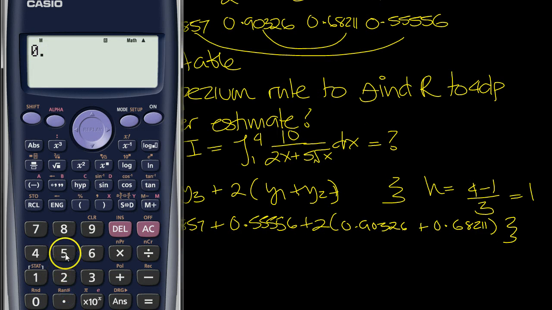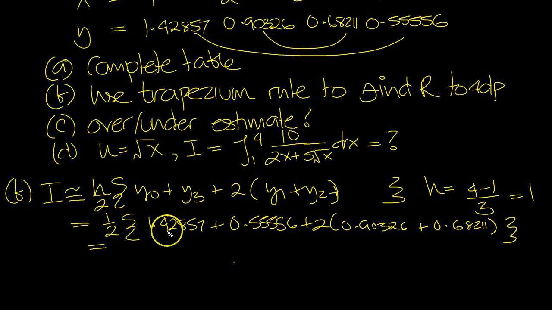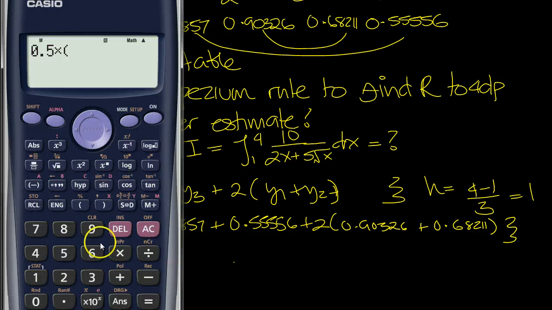So it's 0.5 times brace, 1.42857 plus, close the bracket, close the brace. 2.577435.